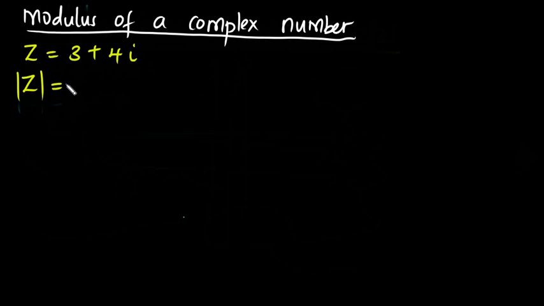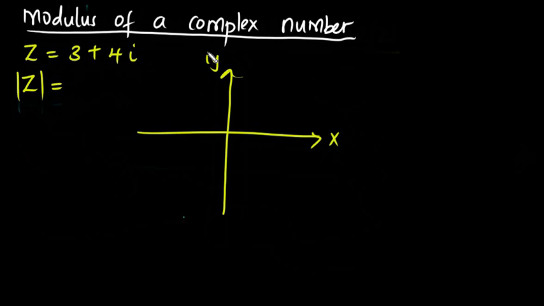So the first thing that I want us to do is to represent this complex number on a plane. So we have the real axis and the imaginary axis. So this means that we're going to move 3 units on the real axis.